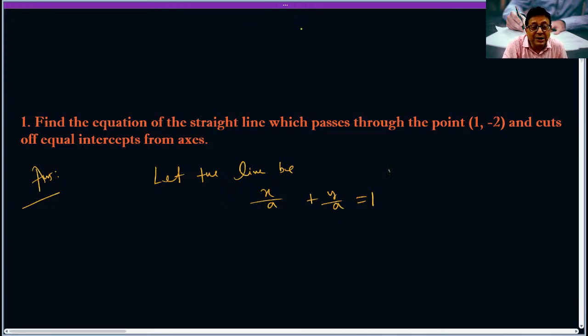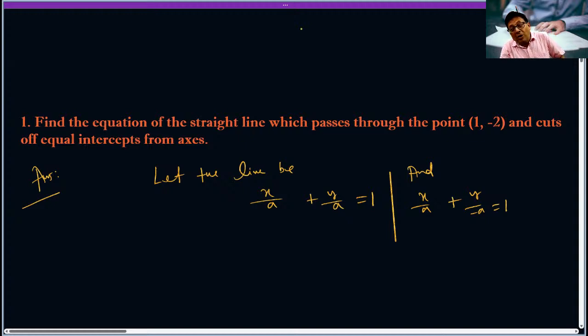But it is not true that they are only equal in sign; they may also be equal in length but opposite in sign. That may be a case. So take this form too, and if you don't write the second form, then you are going to lose half of the marks. Clear? Let the line be this and this, because they did not say equal in magnitude, or they did not say just equal length.